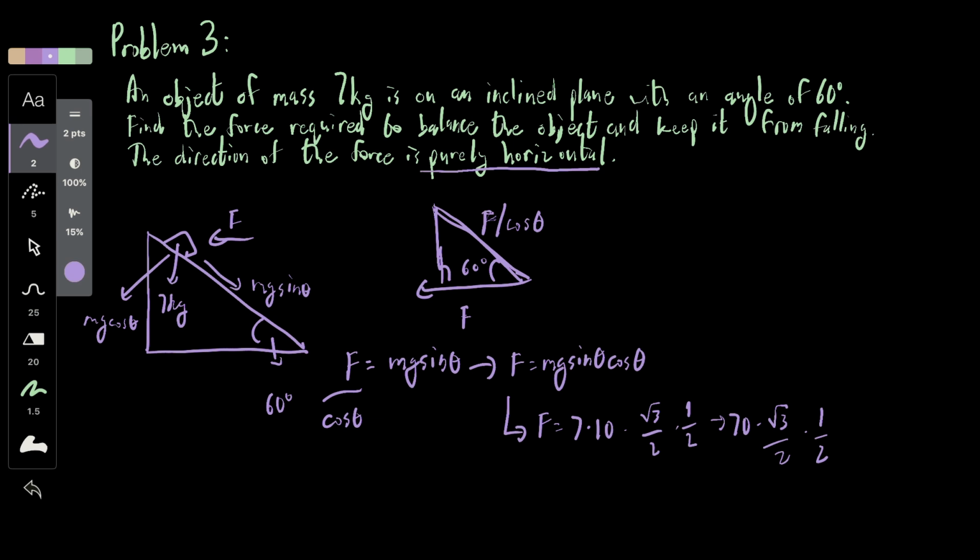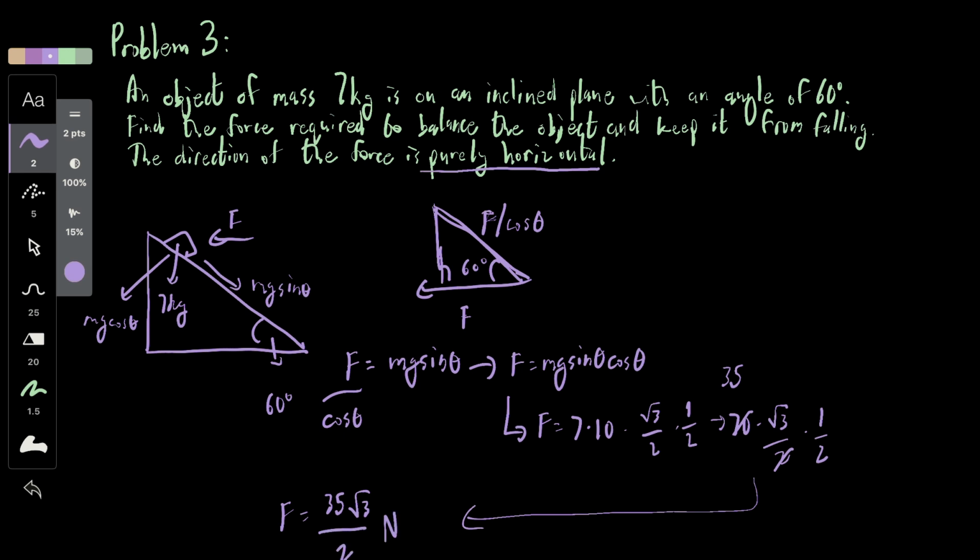Now this becomes, if I have 70 and 2, 35√3, and then 35√3 divided by 2.